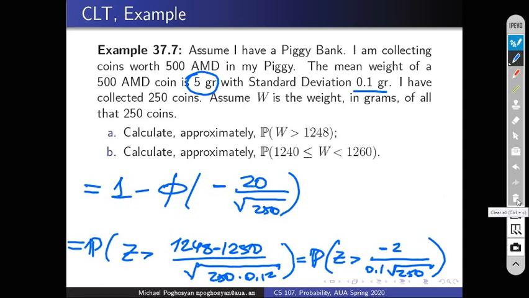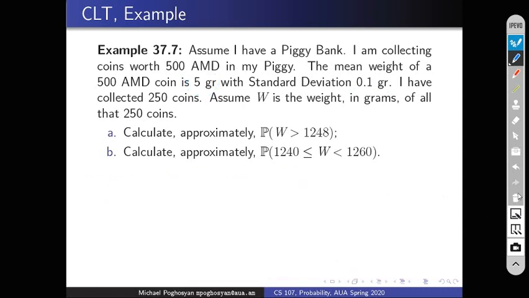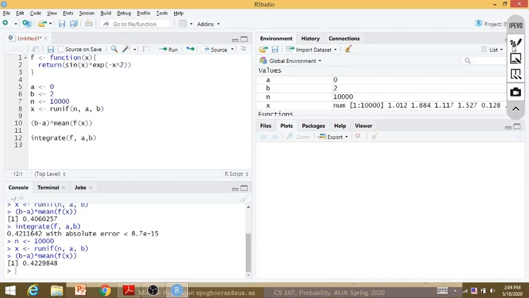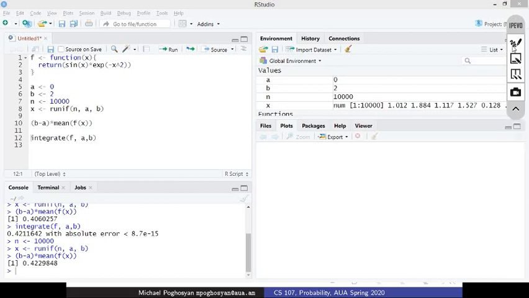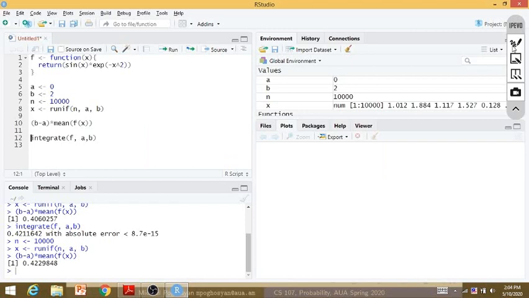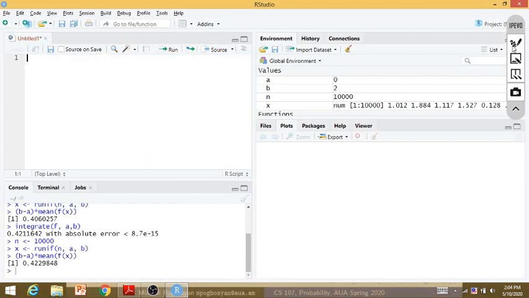Let me do that in R. Going to R, sorry, something is not working. Yeah, let me erase this. Now it is working.